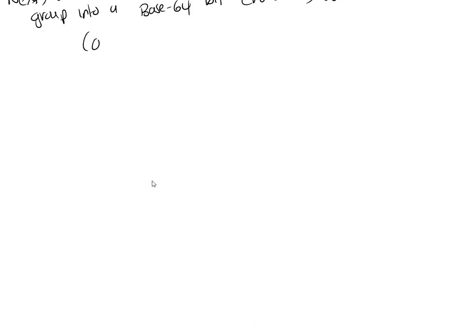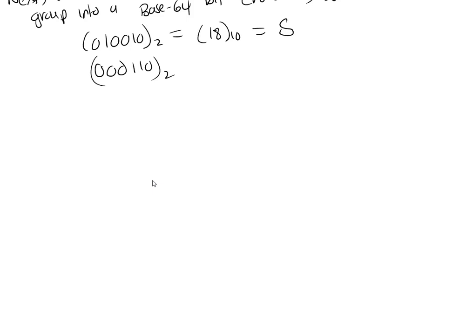So it becomes 0, 1, 0, 0, 1, 0, right? This number, this is the first one. This becomes 18 in base 10, and on the table it becomes an S. Okay, on the base 64 table you find this 18 is an S. Okay, and then this is 0, 0, 0, 1, 1, 0. It's a number in base 2.